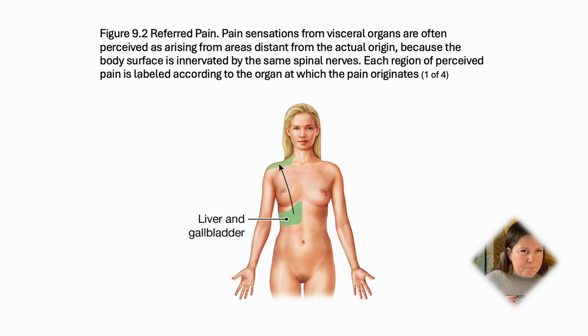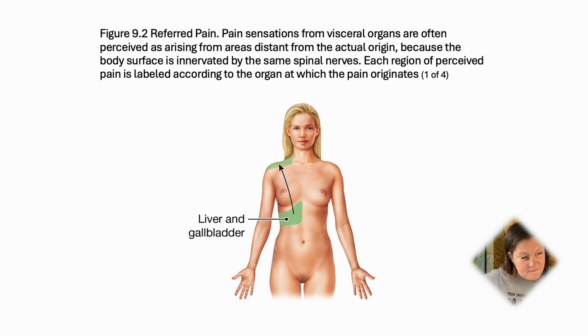For example, my heart. My heart in general has very few nociceptors, very few free nerve endings to communicate pain specifically. However, the innervation that I do have is coming from nerves from around the rib cage, and those nerves are going to converge back to the spinal column through spinal nerves at different levels of the spinal cord.